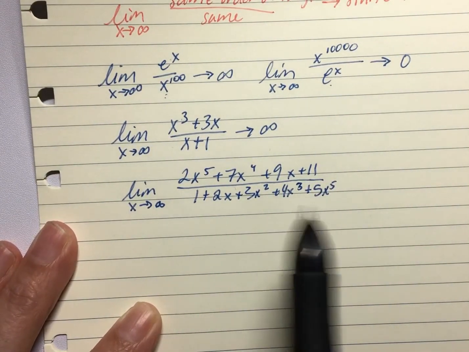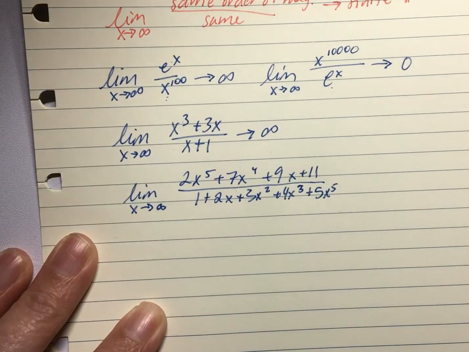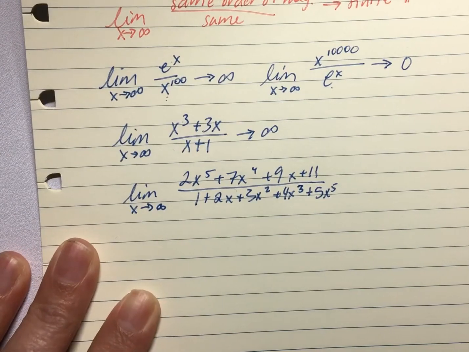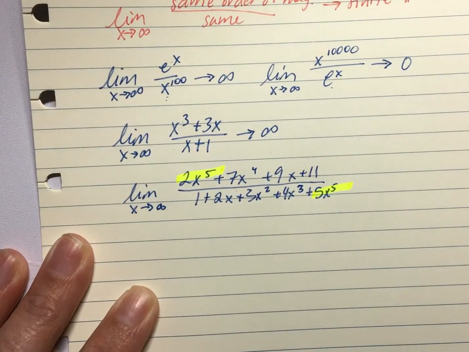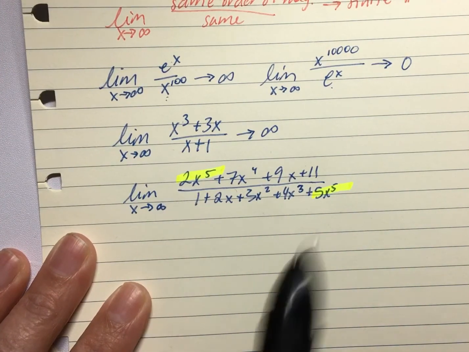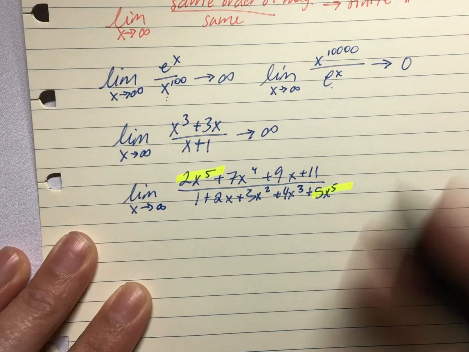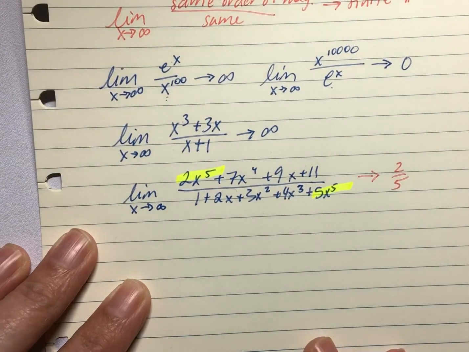I was a little sneaky on that, I switched my order around. But if you look at that, really this comes down to just the 2x to the 5th and the 5x to the 5th. If I use L'Hopital, the rest of the stuff would go away. So I don't have to work very hard for it. My limit is 2/5. It's pretty convenient.